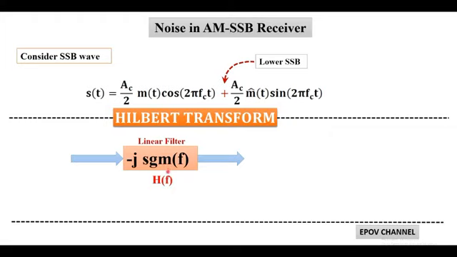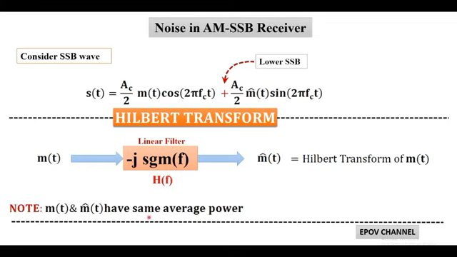So H(f) equals minus j signum of f. That is called Hilbert transformer. So for a given input m(t), Hilbert transform becomes m^(t). Here both message signal and its Hilbert transform have the same average power equal to capital P.